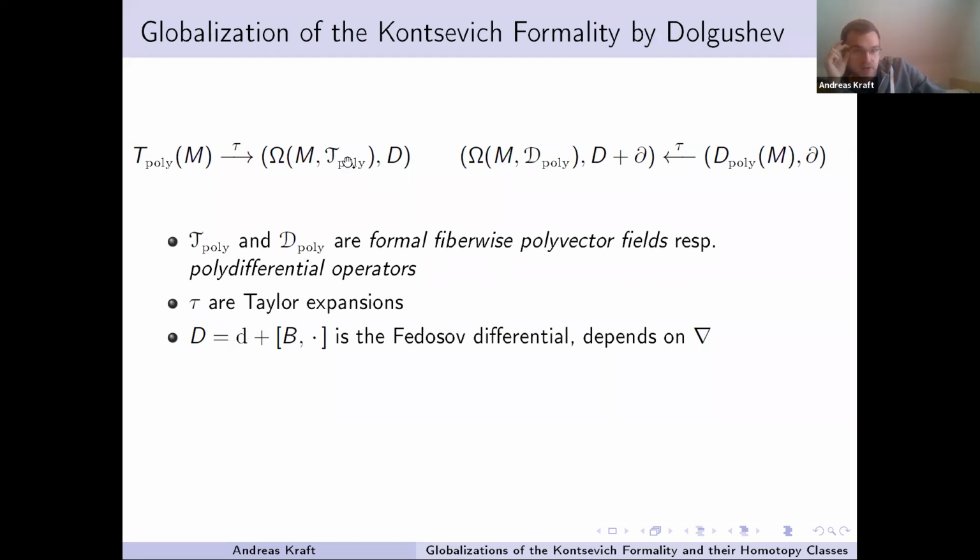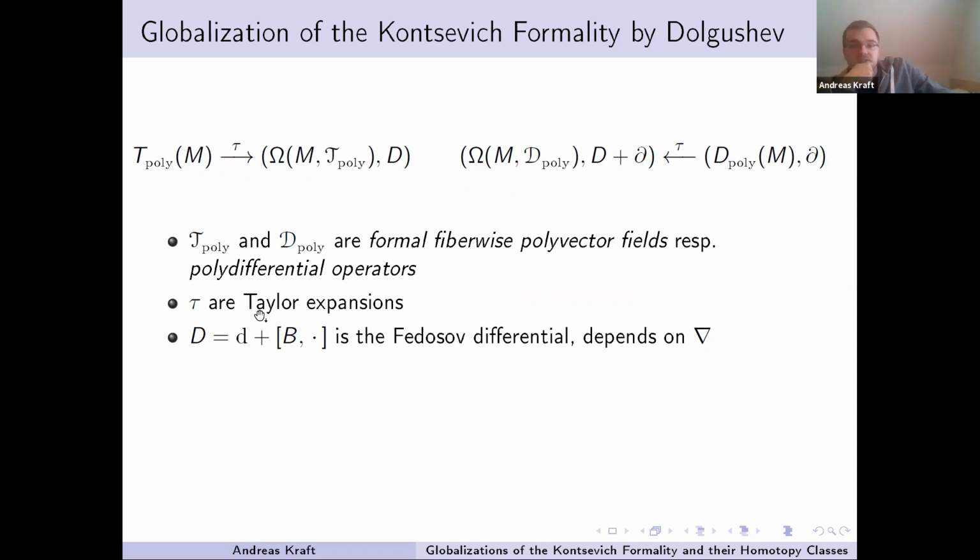One has here then the fiberwise Schouten bracket and here the fiberwise Gerstenhaber bracket. And one has as differentials the Fedosov differential here, and on the side of differential operators, the Fedosov differential plus the fiberwise Hochschild differential. And these maps tau here are Taylor expansions, and they are quasi-isomorphisms of DGLAs.